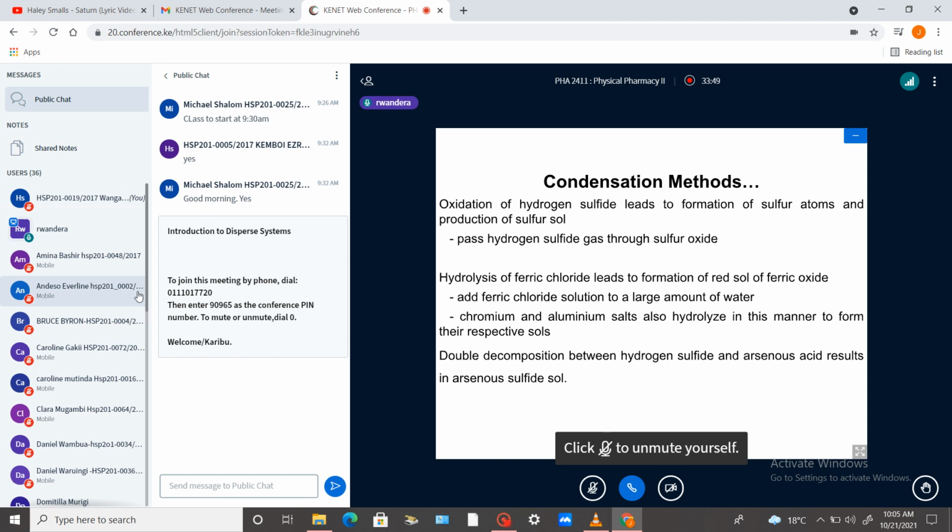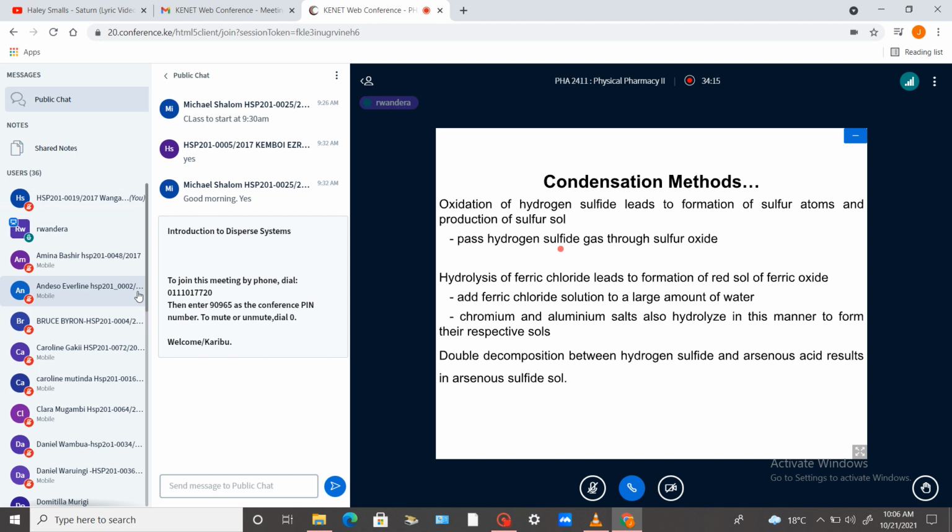For oxidation, we have the oxidation of hydrogen sulfide to form sulfur atoms and the production of sulfur sol, which is a colloidal solution. This happens when you pass hydrogen sulfide gas through sulfur dioxide. So you can have oxidation by passing hydrogen sulfide gas through sulfur dioxide.